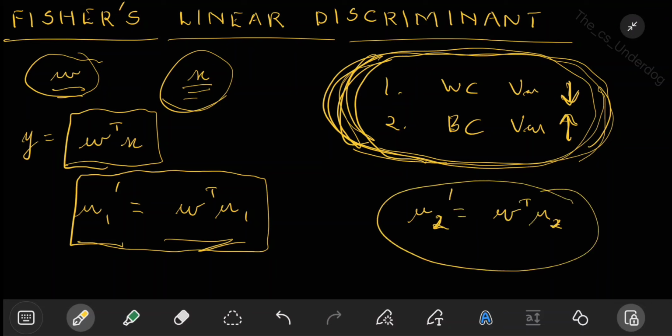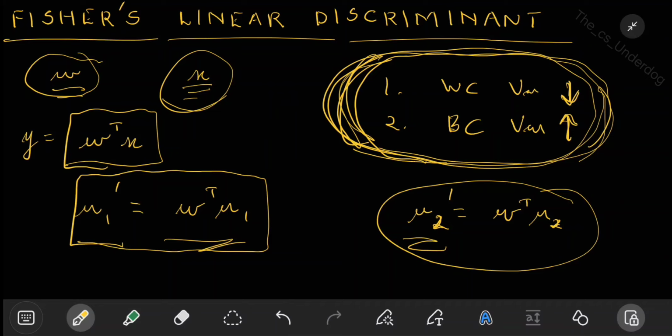So now you have mu1 and mu2 as well as mu1 dash and mu2 dash. Mu1 dash is the projected mean: after you project the class 1 points onto the axis, what is the mean of the data. Similarly, mu2 dash is the mean after you project all the points of class 2 onto the axis.